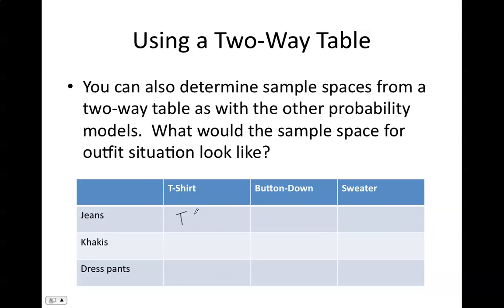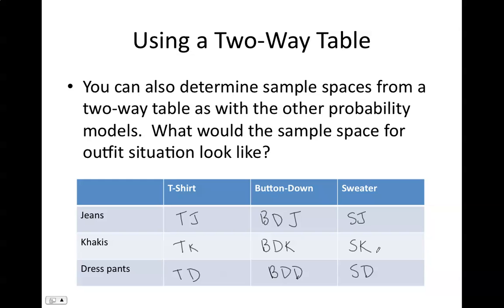We had TJ for t-shirt and jeans, BDJ for button-down and jeans, and SJ for sweater and jeans, TK t-shirt and khakis, BDK button-down and khakis, and SK for sweater and khakis. T-shirt and dress pants, button-down and dress pants, and sweater and dress pants.